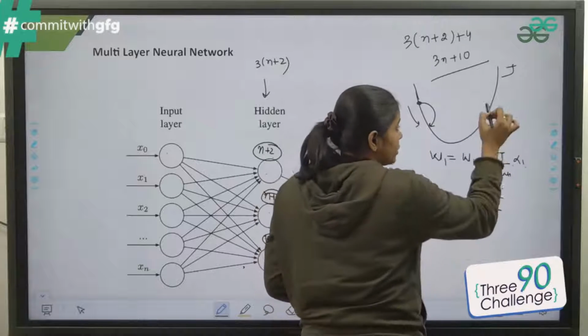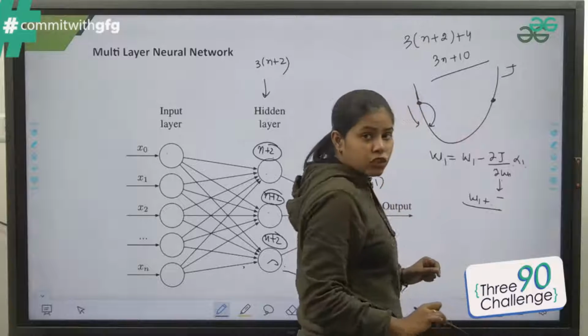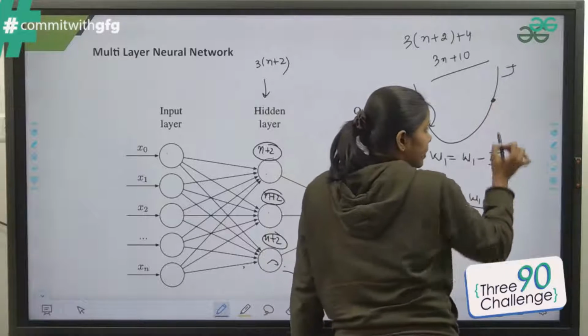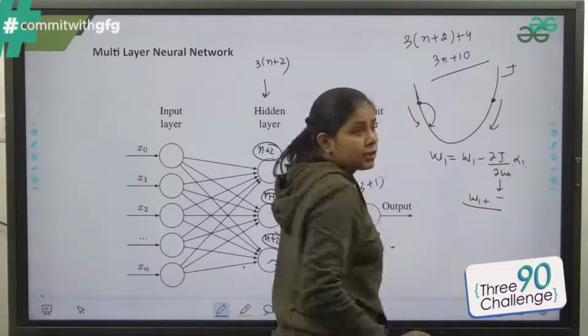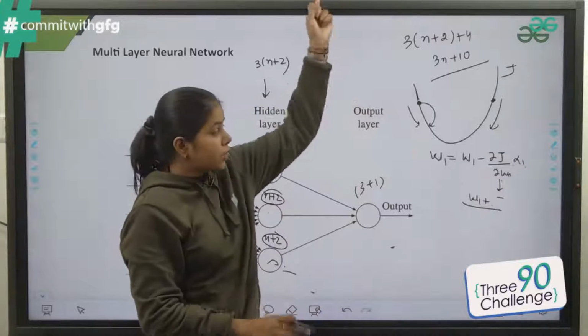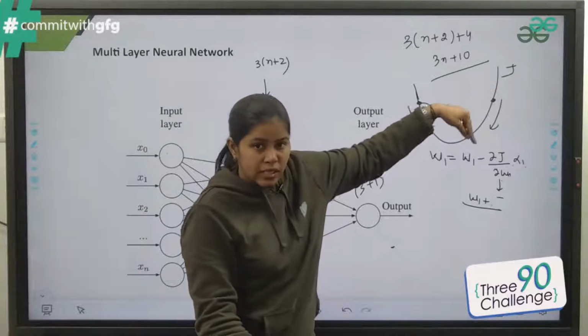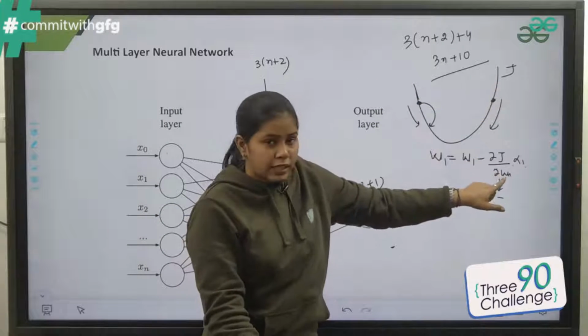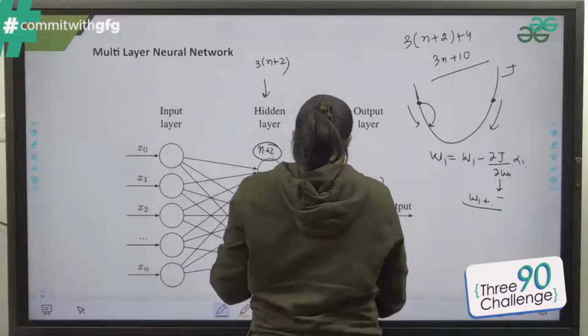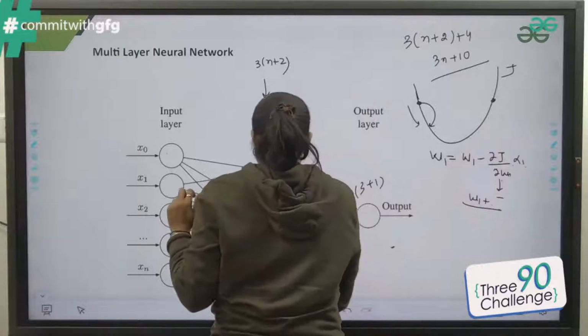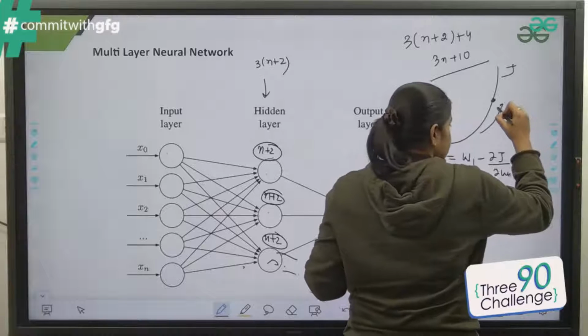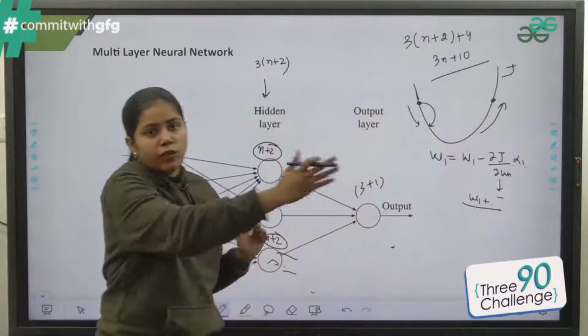Similarly, let's suppose we are at this position. Del J by del w is positive here, because as we increase the x value, the function is increasing as we move to the right-hand side.